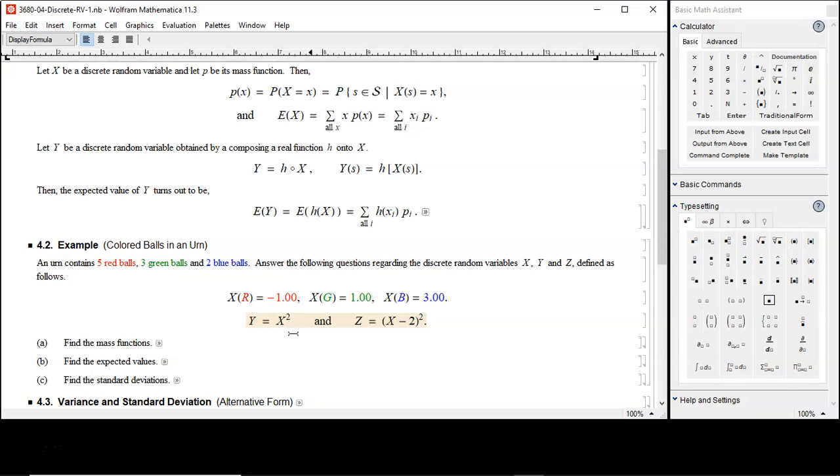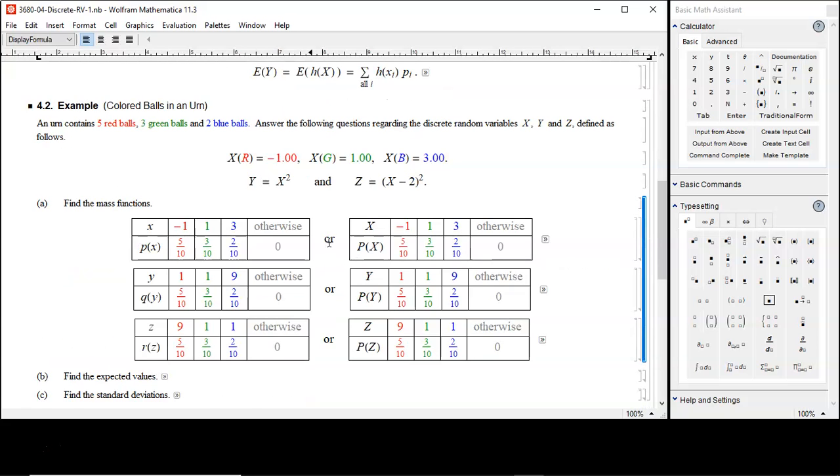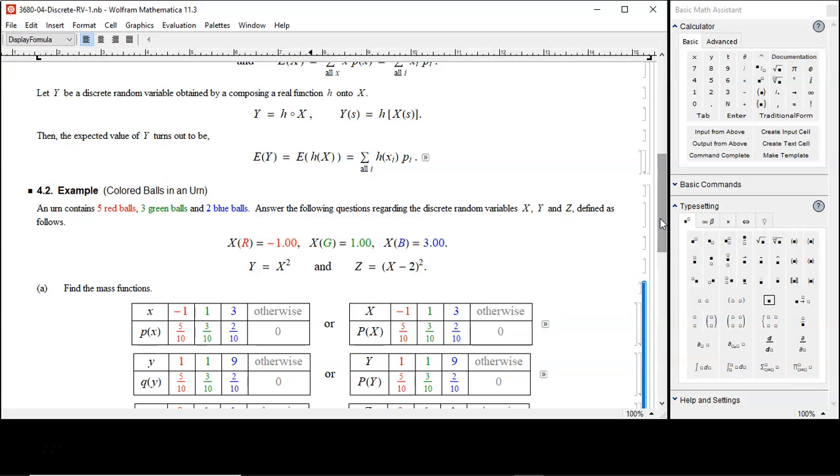What are possible capital X values? -1, +1, and +3. So what are possible values for y? -1 squared, which is 1, +1 squared, which is also 1, and 3 squared, that's 9. Make sense?